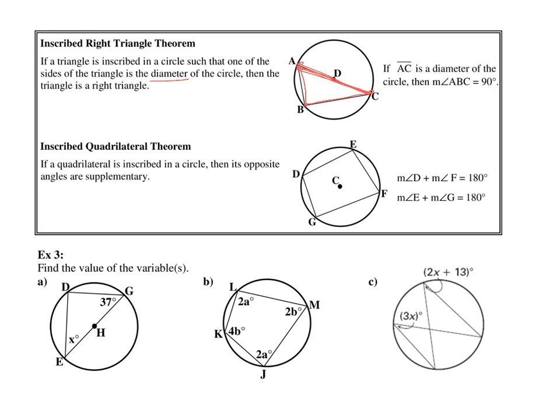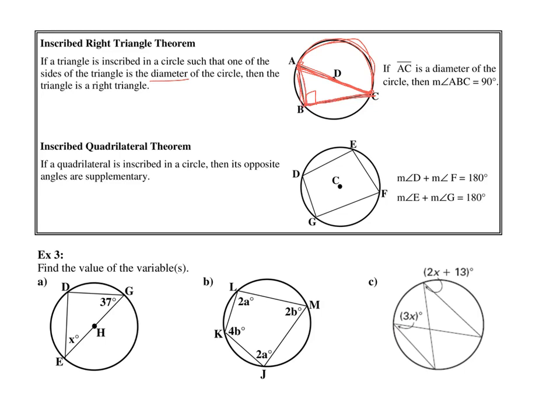So that means that's a right angle. And if this is the diameter, this is 180 degrees here, right? And so this is your inscribed angle, which is half of the arc, so that should make sense.